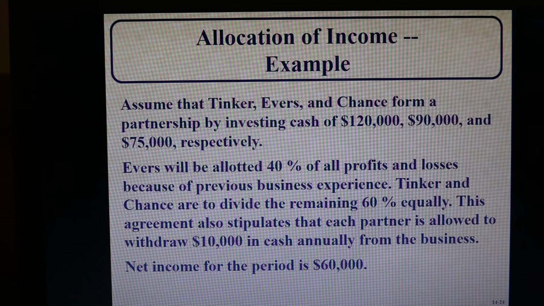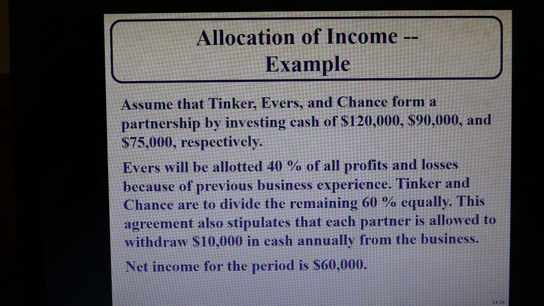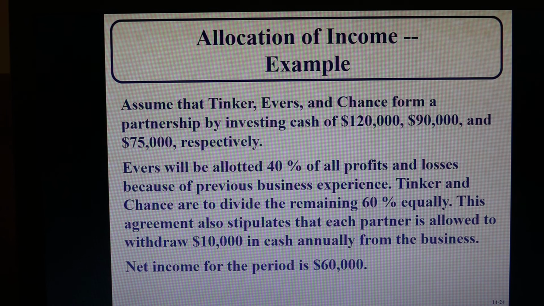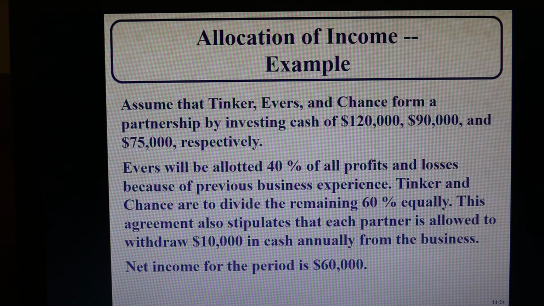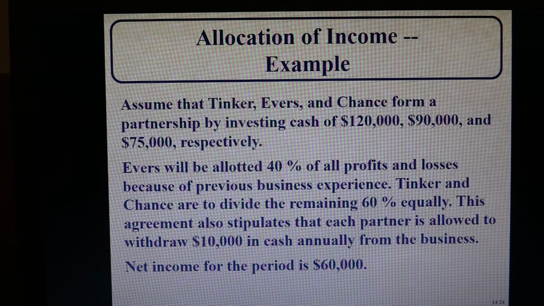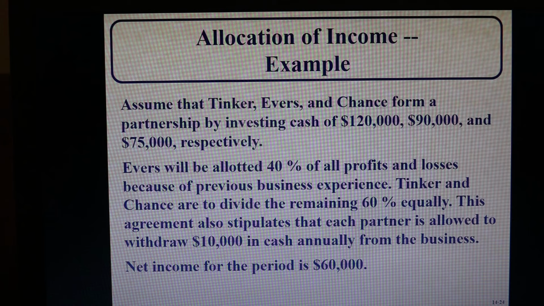So we have here an example. Tinker, Evers, and Chance form a partnership by investing cash of $120, $90, and $75 respectively. Evers, the middle guy, will be allotted 40% of all profits and losses because of their previous business experience.